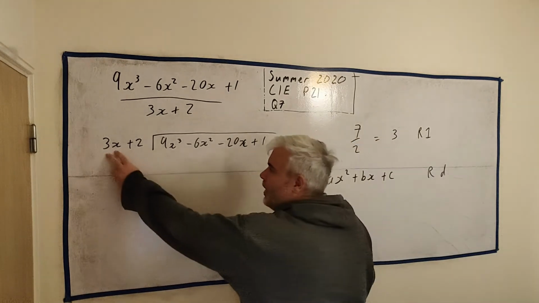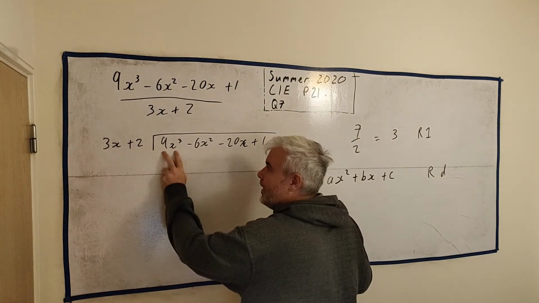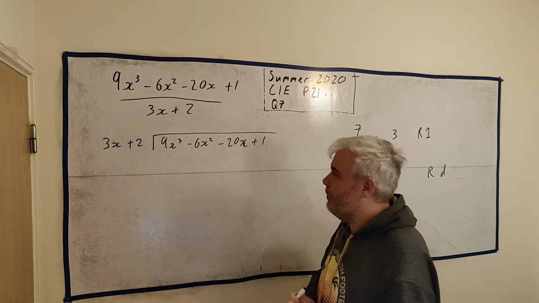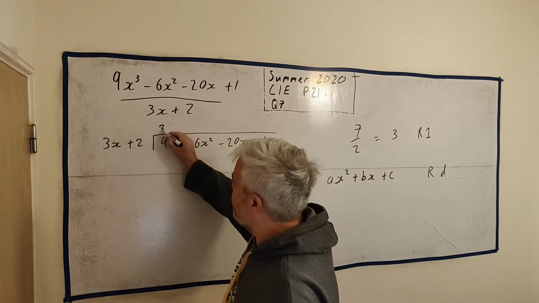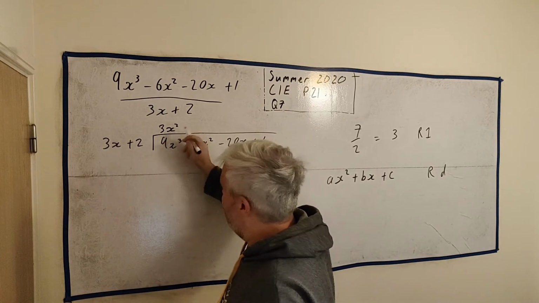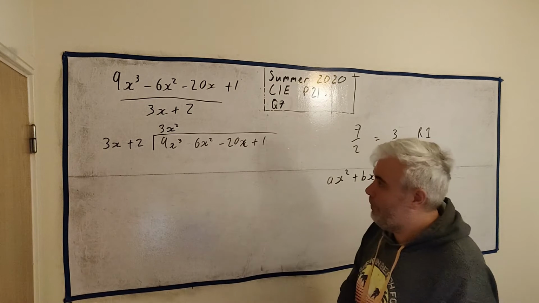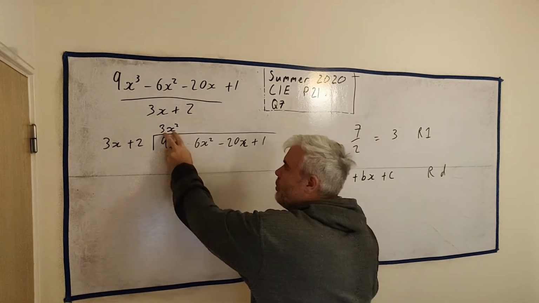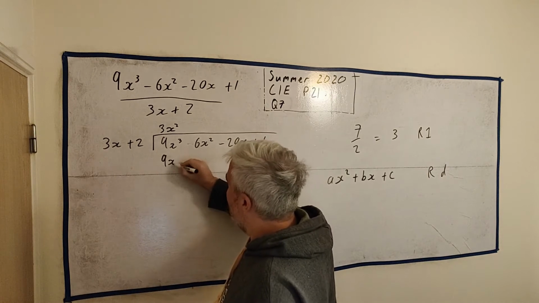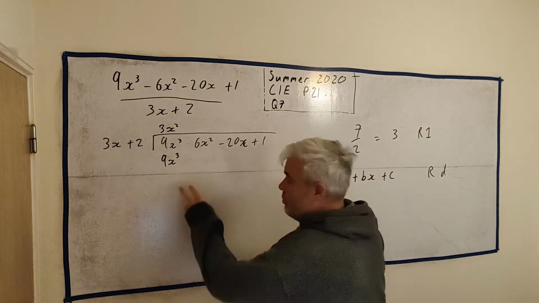Okay, so what can multiply by 3x to make this? Because we're dividing here, the opposite of divide is multiply. So 3 times 3 would make 9. X times another 2x's, or x squared, will make this. So 3x squared multiplied by 3x will give us 9x cubed, just like we wanted.